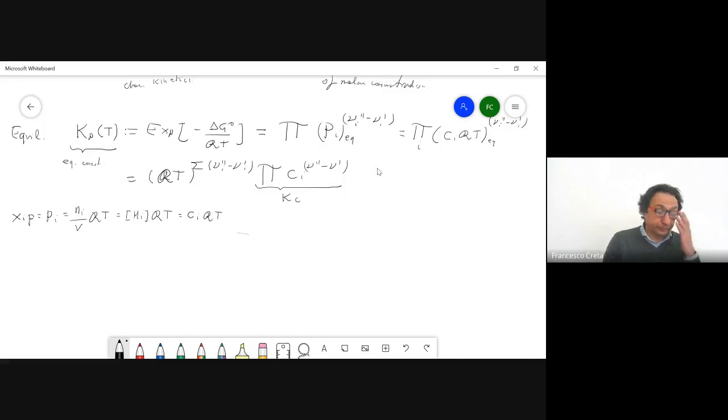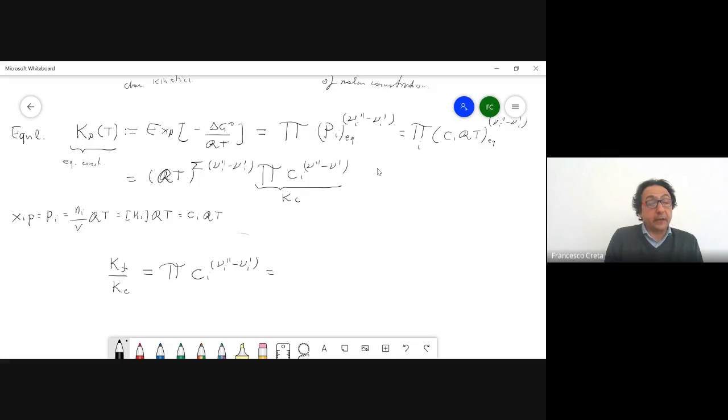Then at equilibrium, we can write down a very simple statement that the ratio of the forward and the backward reaction rates, so this is a chemical kinetic concept, okay, can be related to the equilibrium quotient, or reaction quotient, we called it, which is Kp divided by this constant here, right?